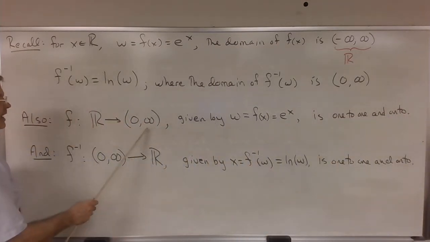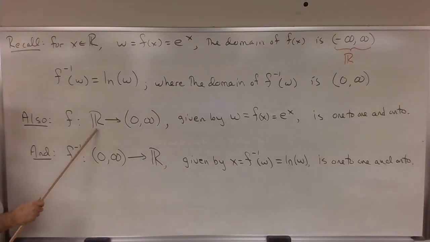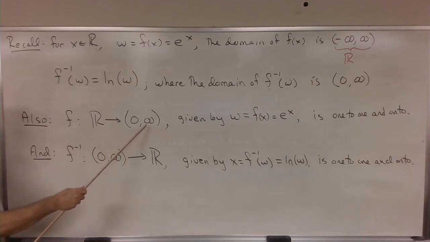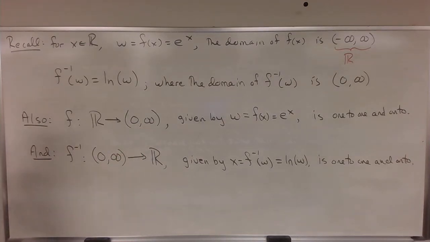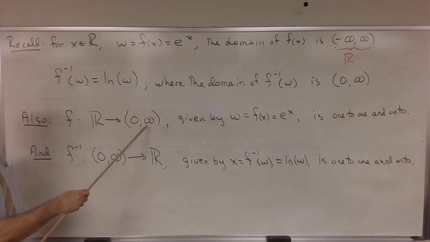So for every positive real number here, there's a real number over here that we can plug into the function of x and get this positive real number. Also, it's one-to-one, which means that no two real numbers here are mapped to the same real number here.